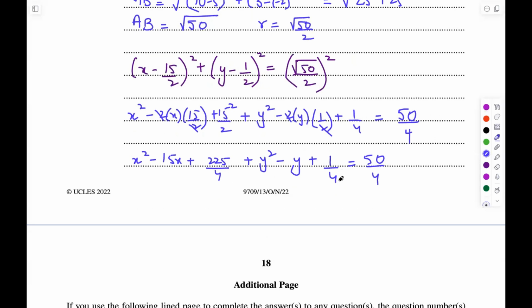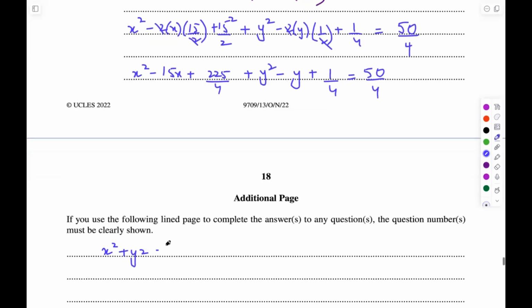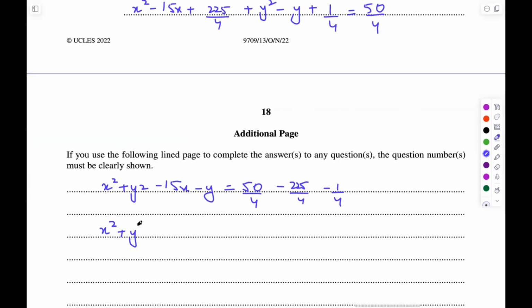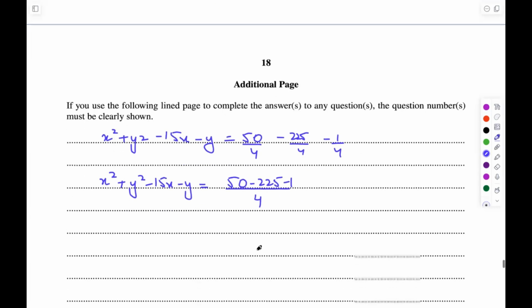Taking 225 upon 4 and 1 upon 4 to the right hand side, we'll get x squared plus y squared minus 15x minus y equals 50 upon 4 minus 225 upon 4 minus 1 upon 4. Simplifying, x squared plus y squared minus 15x minus y equals 50 minus 225 minus 1, divided by 4. 50 minus 225 minus 1 is minus 176, and 176 divided by 4 is 44.